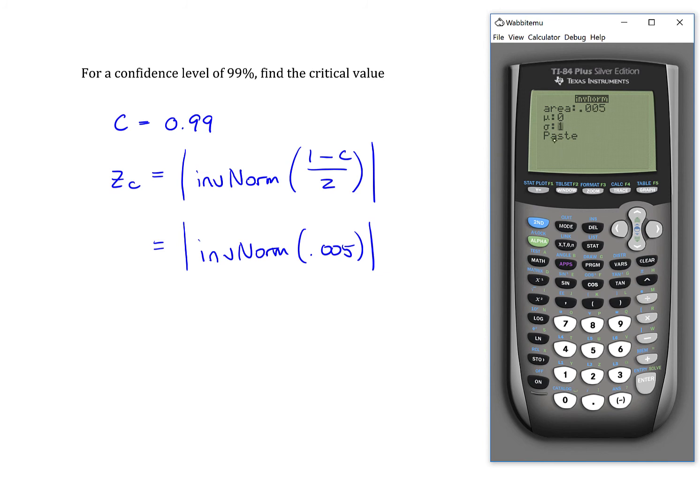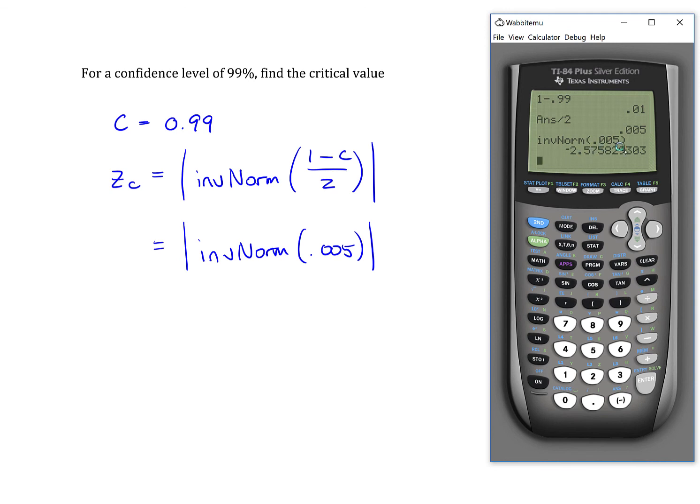If you have your stat wizards turned on, then you're seeing this menu. If you don't have stat wizards turned on, that's okay. What you see is just the function inverse norm show up on screen, and then you would just type in the value 0.005, and you actually don't even have to give the last 2 inputs. You can just give the area to the left, and that's fine.